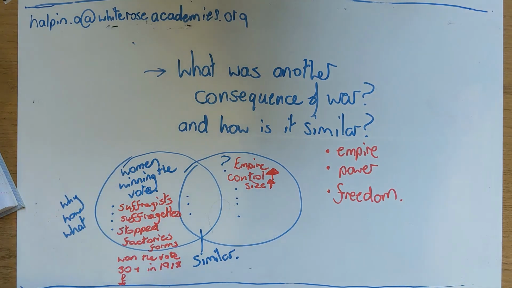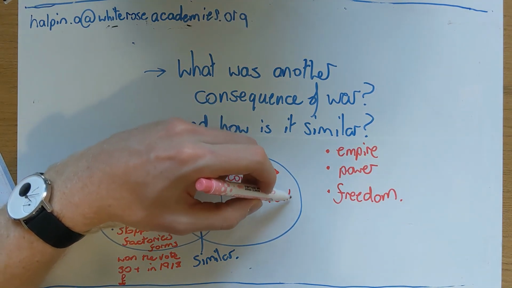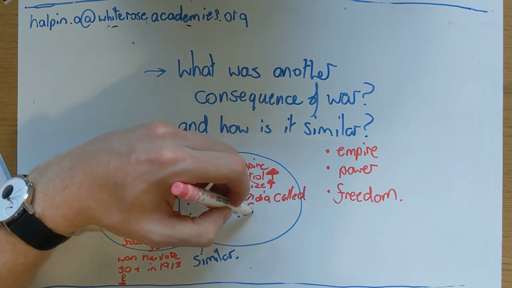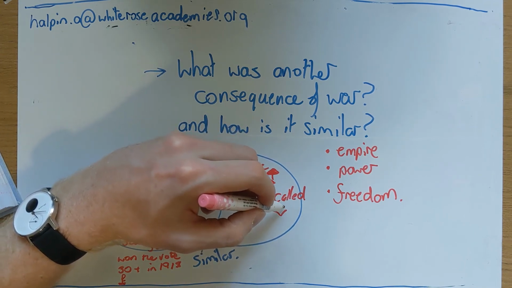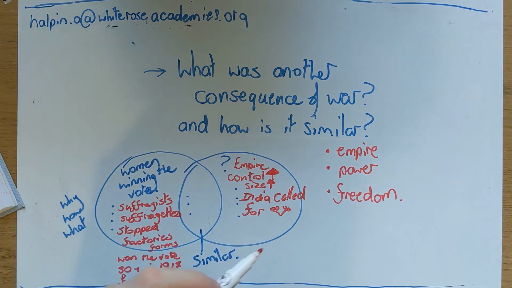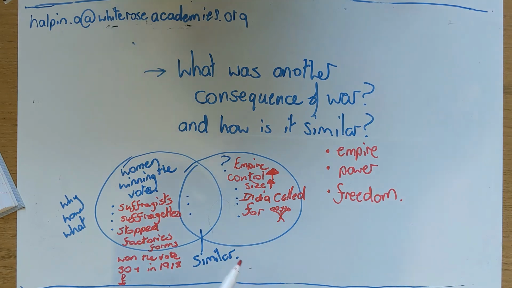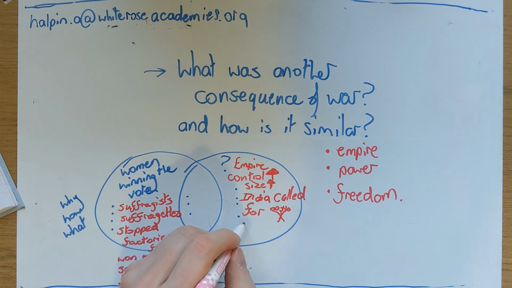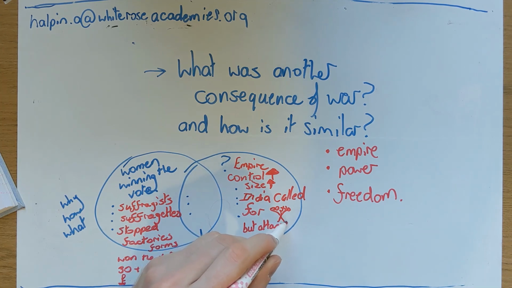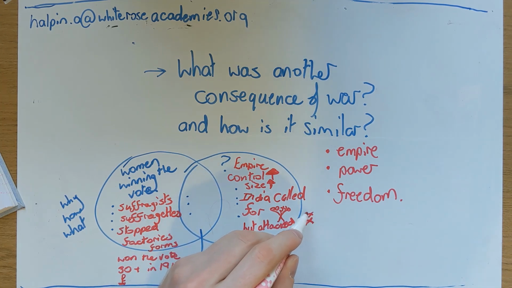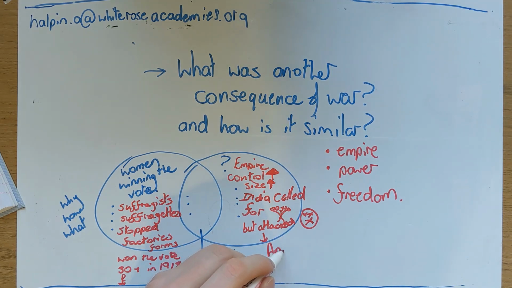Then India called for freedom. So right here I'm going to draw someone's chains breaking because they're free. But they were attacked. So they were killed at Amritsar.